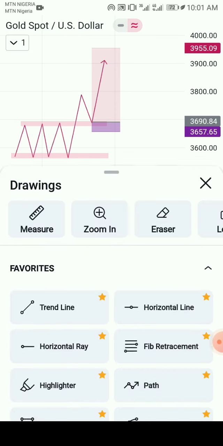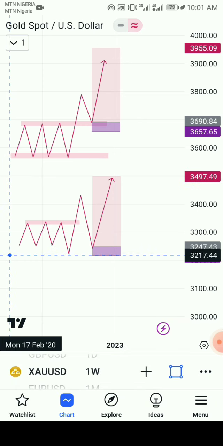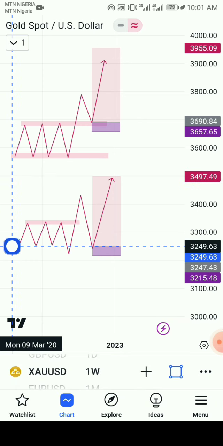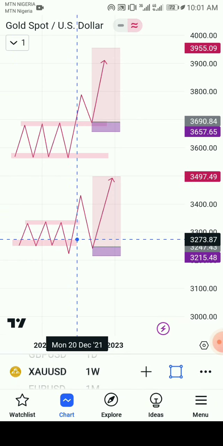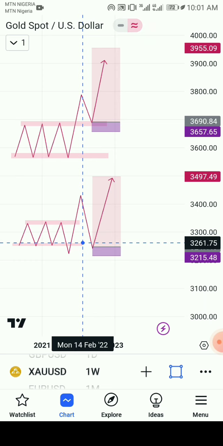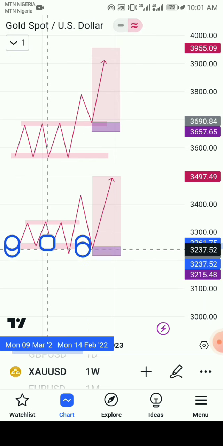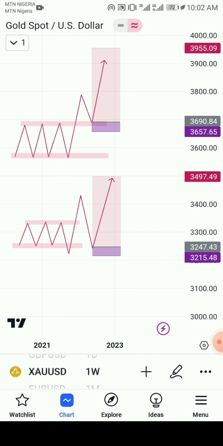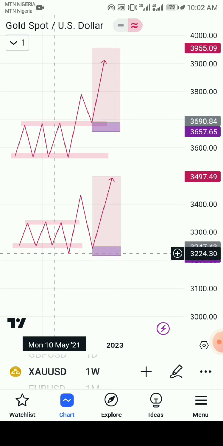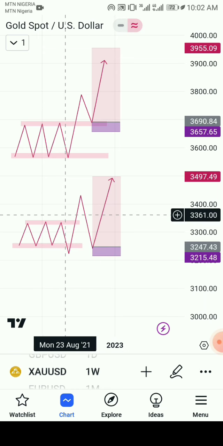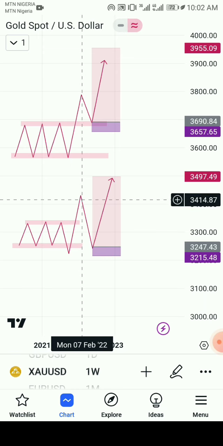Right. And let's have this here. Now, we see price accumulated here, manipulated, and then expanded.